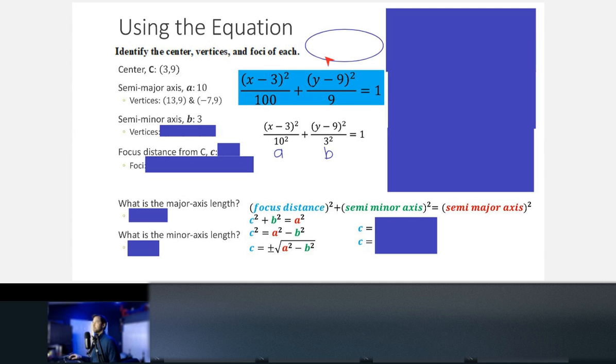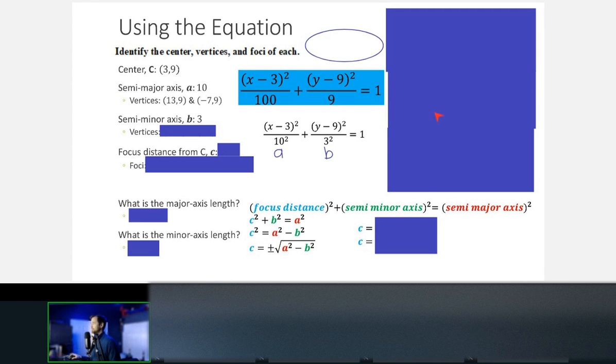So remember, it's longer horizontally. This is why I draw the picture here. So this tells us that the A value is left and right. From the center, 3, 9, along the major axis, you are going right and left 10 units from the center.